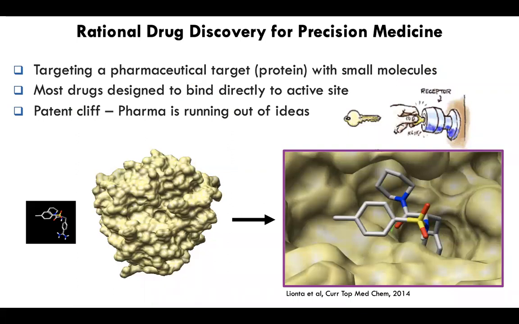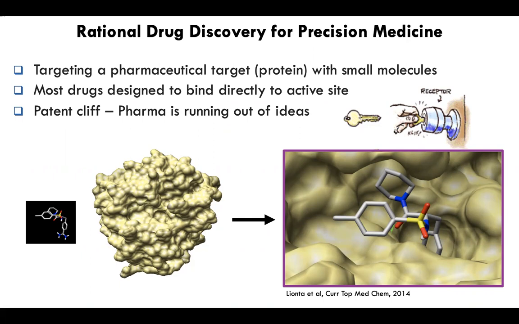The cornerstone of this approach, rational drug discovery for precision medicine, is that we can utilize three-dimensional structures of proteins in order to target a pharmaceutical target, commonly a protein, with small molecules. However, most drugs are designed to bind directly to the active site, which very often leads to off-target effects when proteins have similar binding pockets.